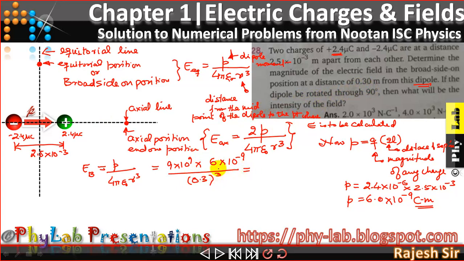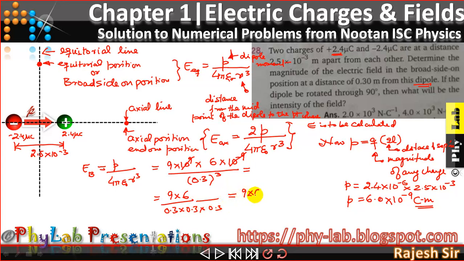Now let's solve it out. So this can be rewritten as 9 into 10 to the power of minus 9, and 10 to the power of plus 9 goes away, into 6 upon 0.3 into 0.3 into 0.3, isn't it? So let's write it down again.